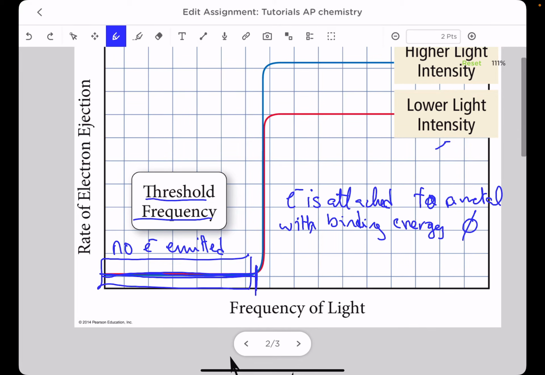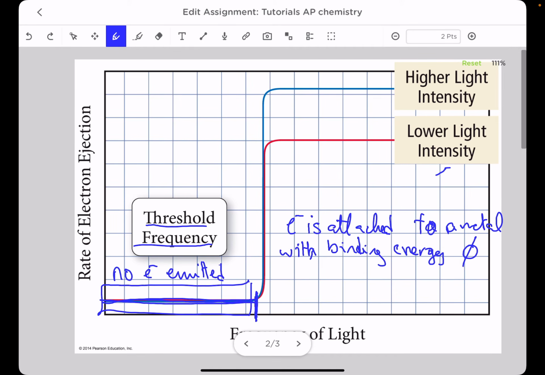But once we reach this amount of frequency, you can see that electrons start to be emitted. Okay? Now, whether the light is of low intensity, like dim light, fewer electrons are ejected, or if it is of high intensity, high amplitude, more electrons are dislodged. So we need a minimum requirement of energy to dislodge the electron.